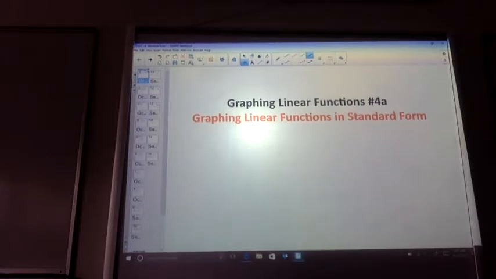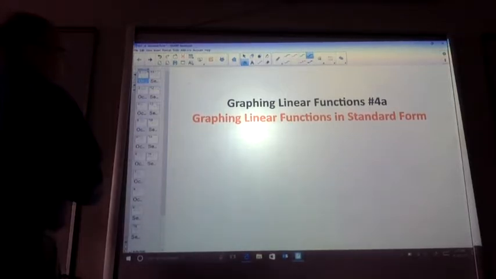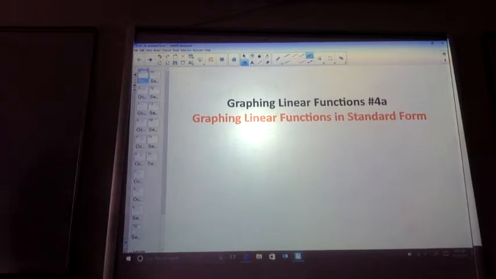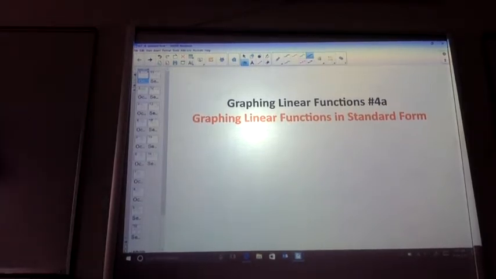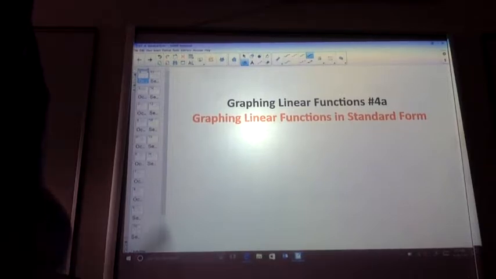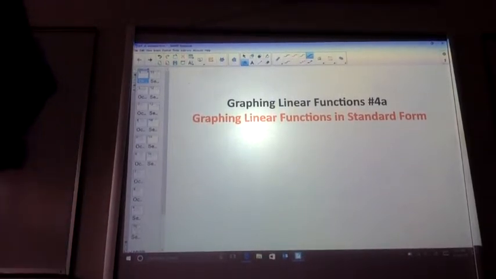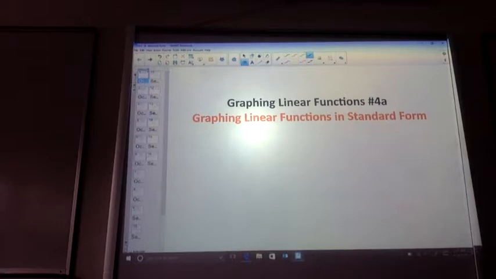So we're going to learn how to start graphing linear functions in standard form. Before we get into the schematics of it, there's a few different ways that we can represent linear equations. Standard form is one of the forms that we're going to use. Standard form has the x and the y on the same side.